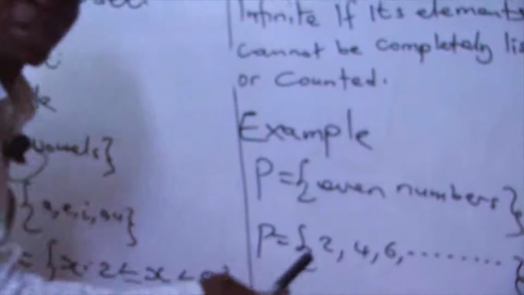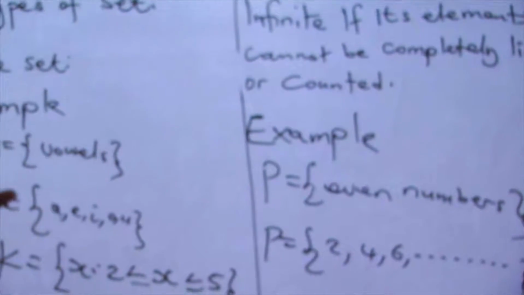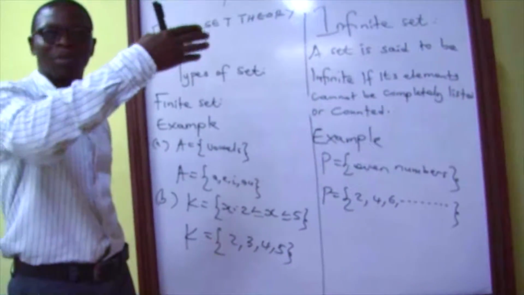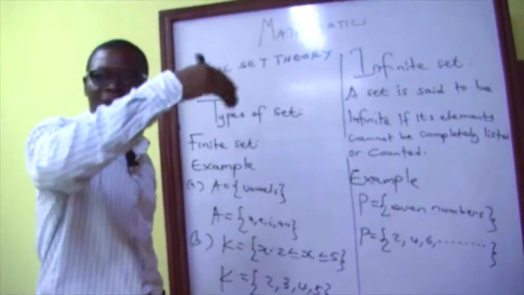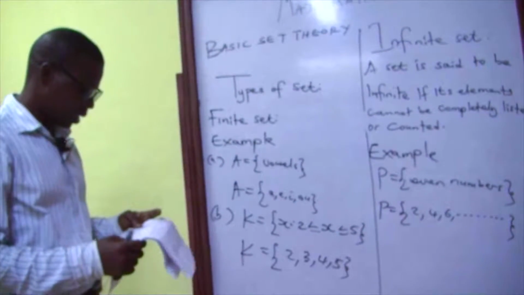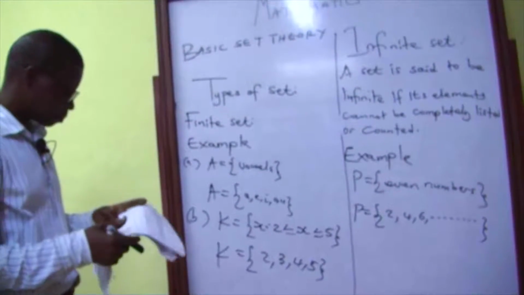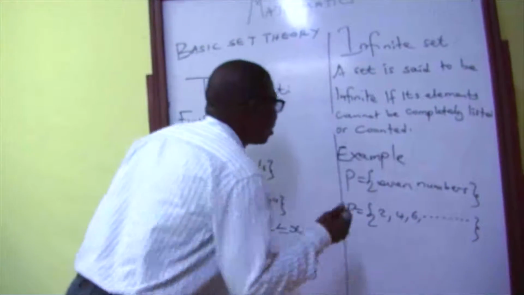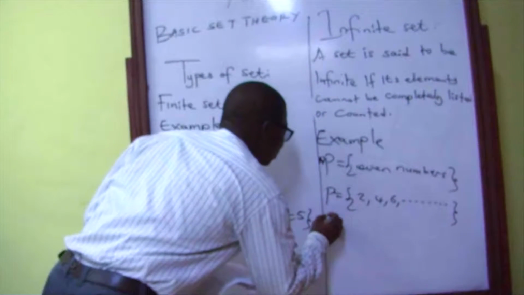Even numbers are just numbers that are divisible by 2. So 2, 4, 6, 8, 10, 12, 14, 16. We cannot completely list them. It goes on and on and on. So it's an example of an infinite set. Let's take another example very quickly.